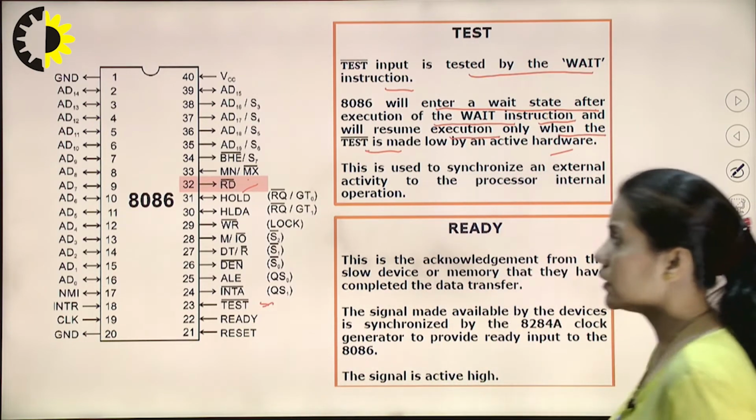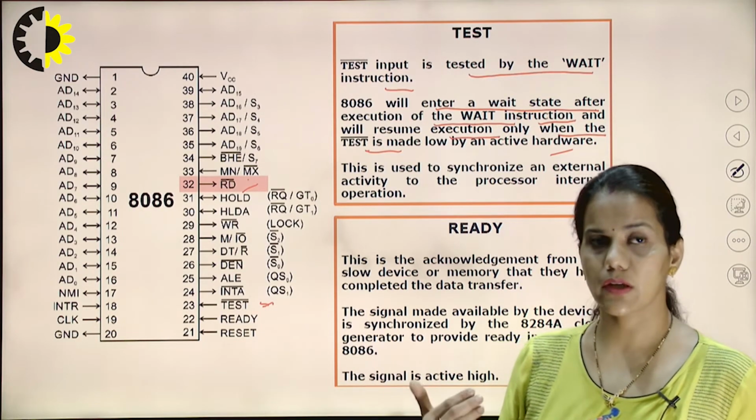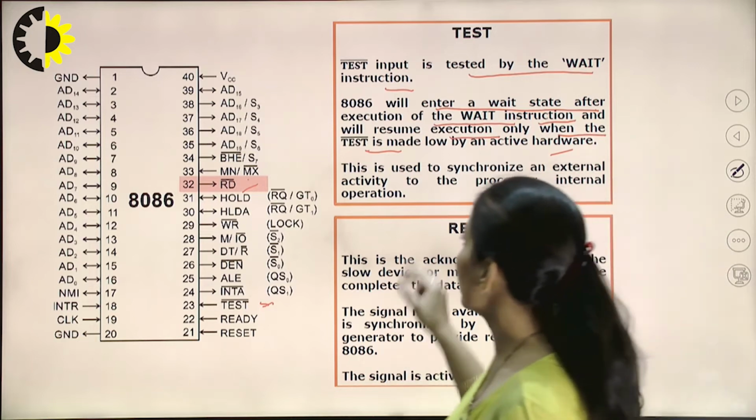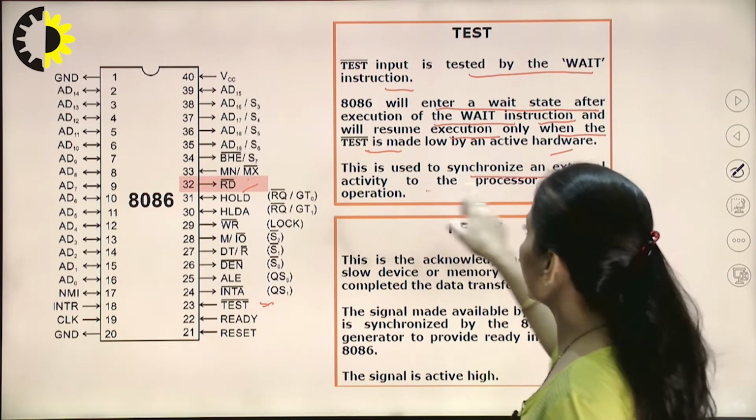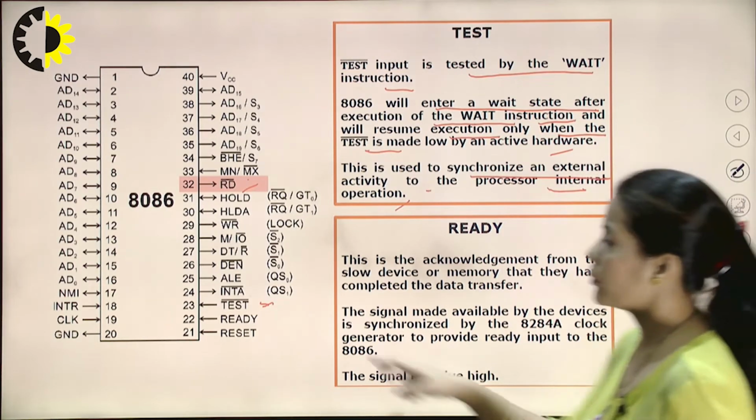So in this way this pin is used to test the condition whether the processor is in wait state or not. It is used to synchronize an external activity to the processor's internal operation. Now we come to the ready pin.